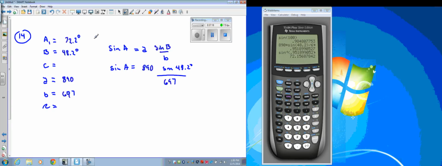Now I can figure out C1 by taking 180 and subtracting the sum here. This one's going to be 180 minus 72.2 plus 48.2. So what is that? 130.